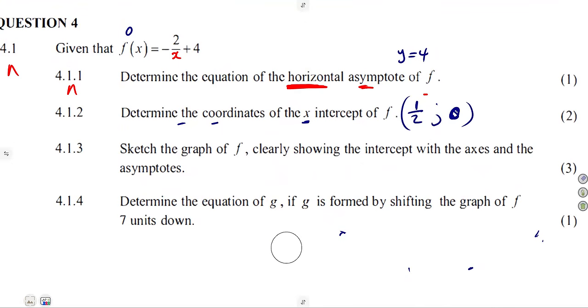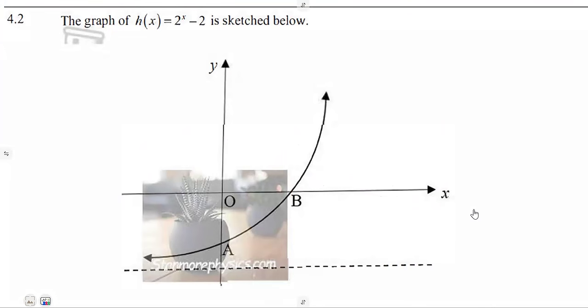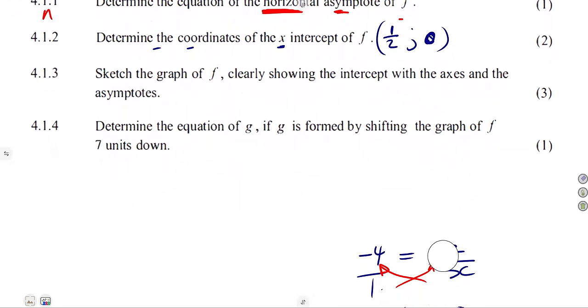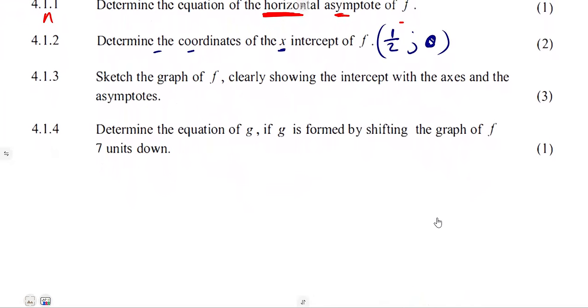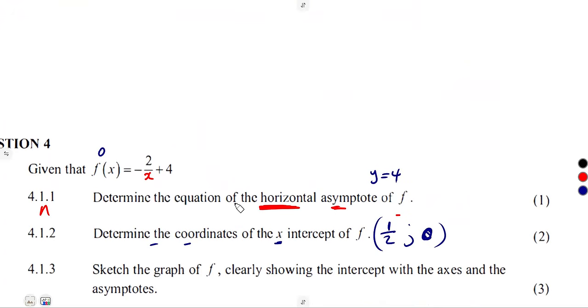So that is it. 4.13, sketch this graph of f, clearly showing the intercept of the x-axis and the asymptotes. All right, so there it was not given where to sketch it, so we're going to try to use the space that we have got here. So to sketch, guys, that's 4.13.